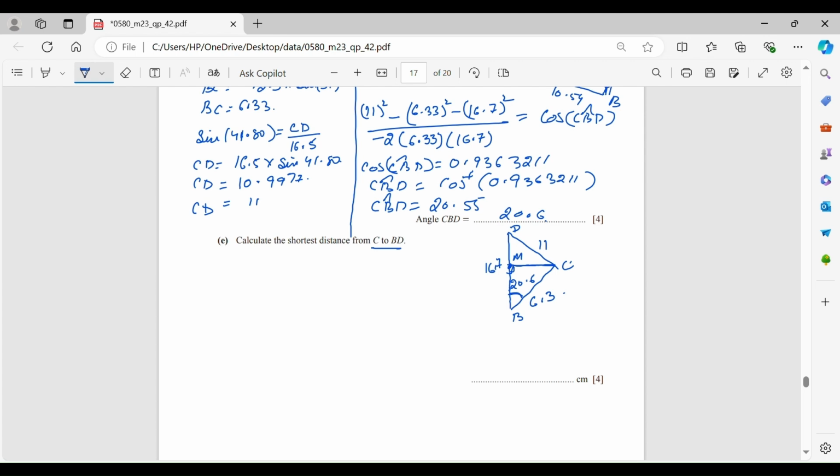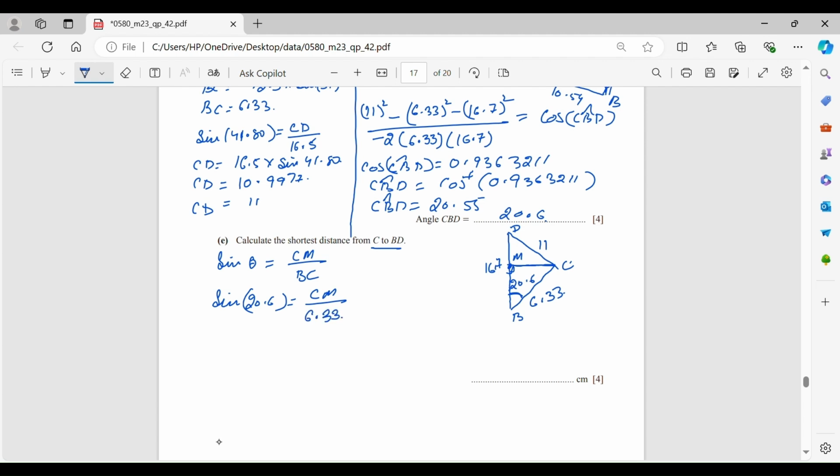So sine theta will be equal to opposite, which is CM, over hypotenuse, which is BC. So sine 20.6 will be equal to CM over BC. BC is 6.33.